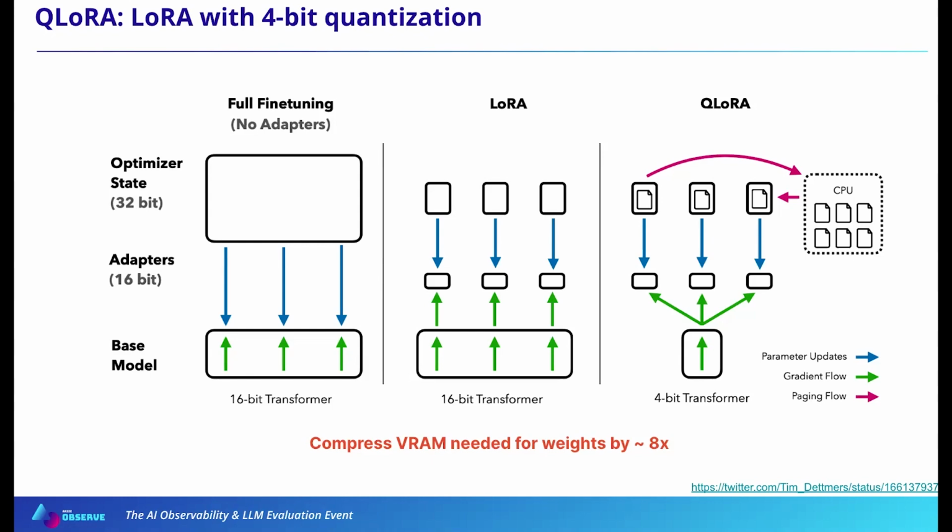Normally weights are stored in 16-bit or 32 bits, but you can actually drop that down to just 4 bits. And since the base model takes up most of the memory, you actually get lots of savings. So with QLoRA, you can actually fine-tune a 7 billion parameter model on like an RTX 3090 or a T4 GPU, which is available for free on Colab. So pretty game-changing if you don't have the resources, but if you do, probably just do regular LoRA training.